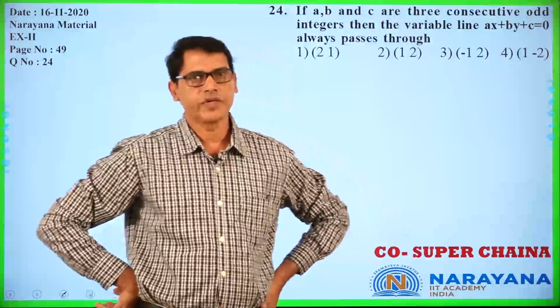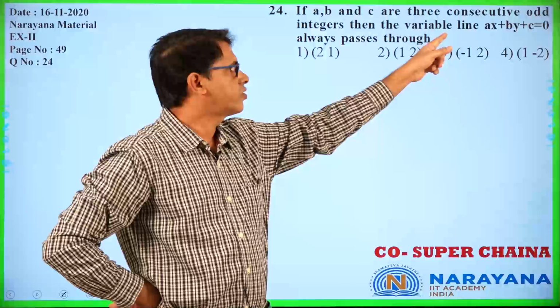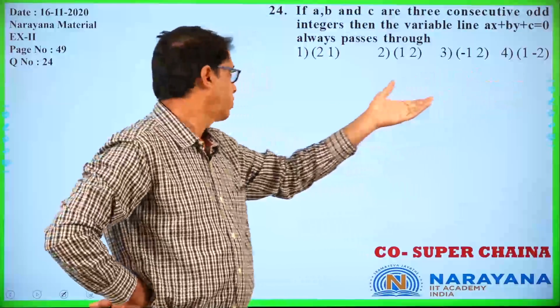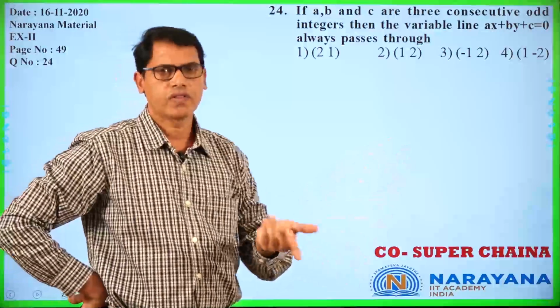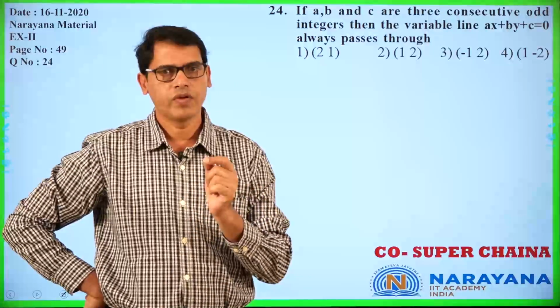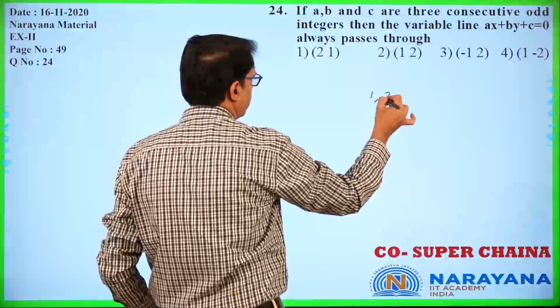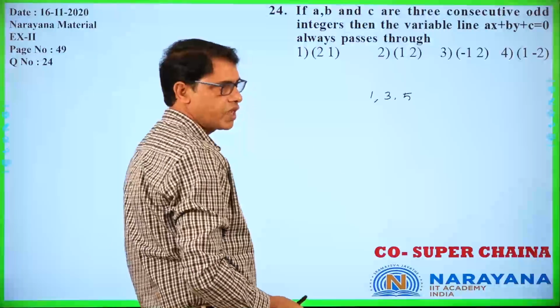By looking at the statement, you can identify the condition. a, b, c are three consecutive odd integers. So odd integers, you can take 1, 3, 5. So they are in what? They will be in AP.